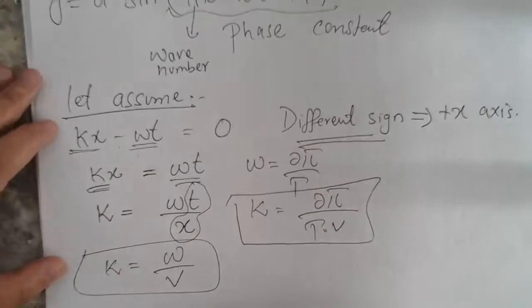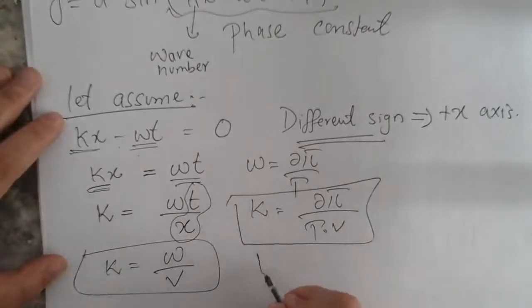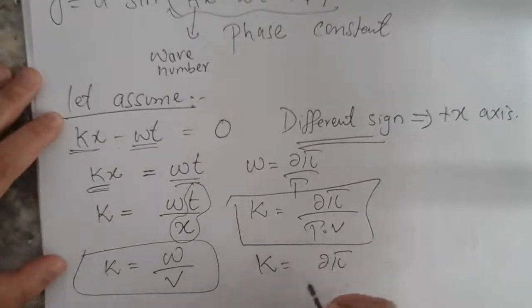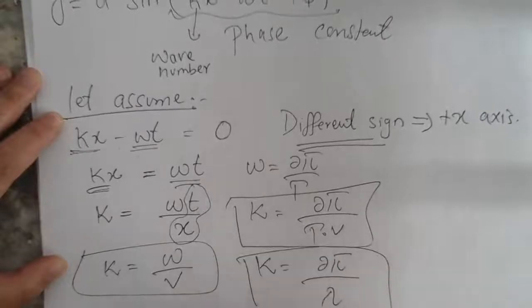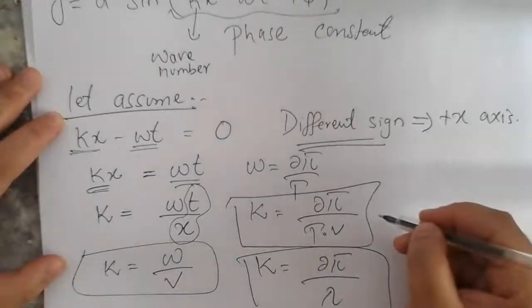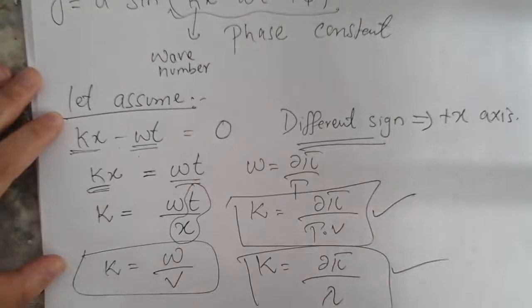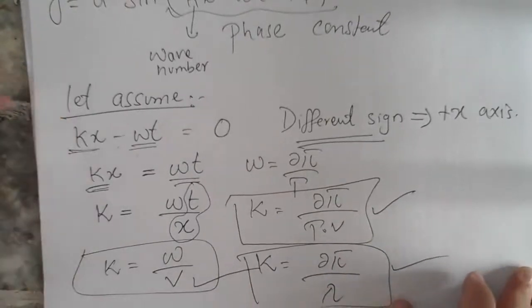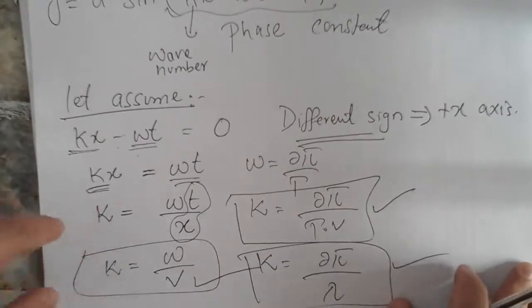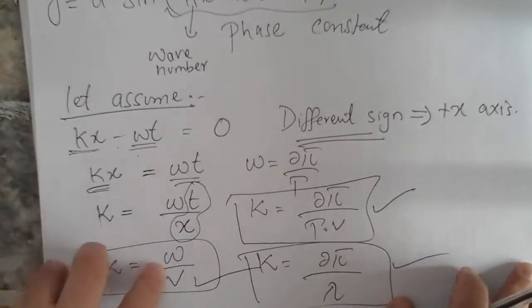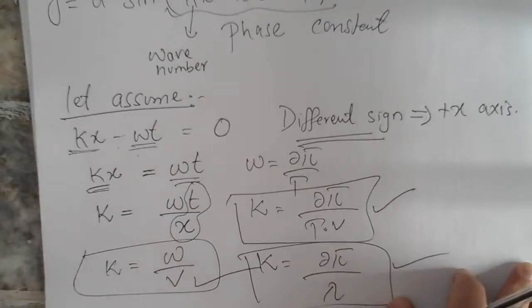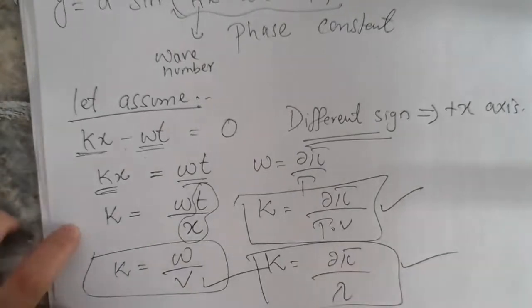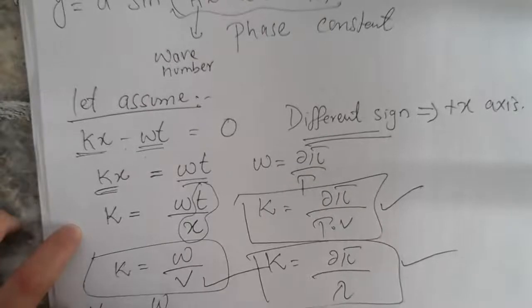We know that k is equal to 2 pi over lambda. So you can use this equation as well as this one in some questions. So k is equal to omega, angular velocity, over v, and from this equation we can also find that the speed of the wave is equal to omega over k.